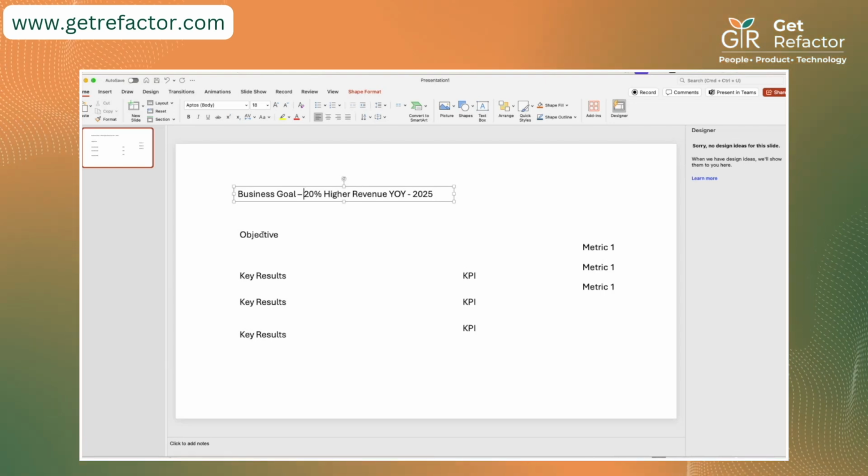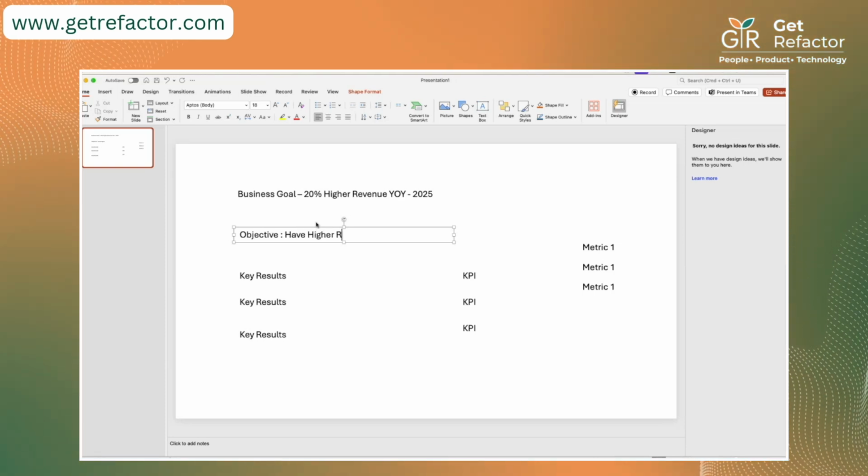So now you have a product, right? So in the product, the objective is to have higher revenue from alternate streams, which results in 20% revenue growth.